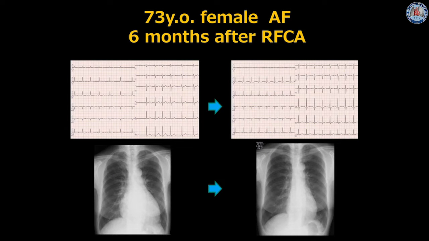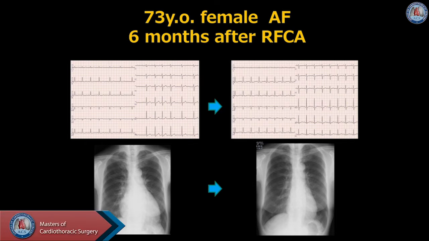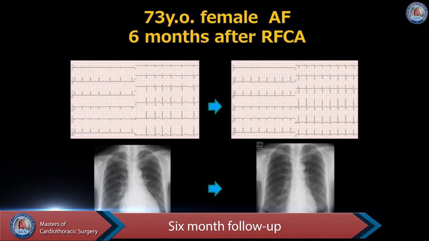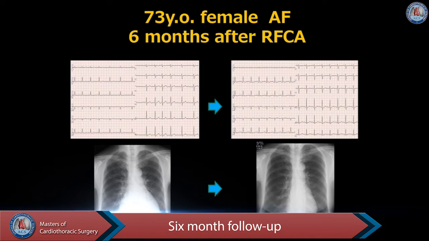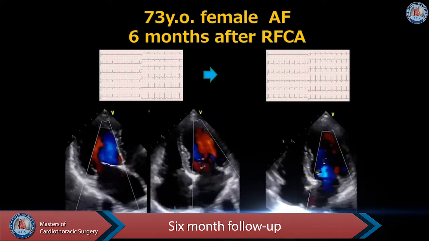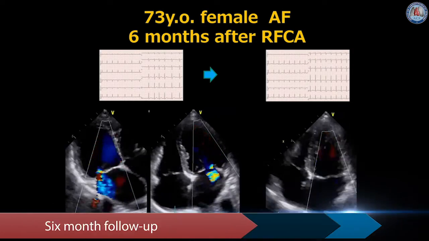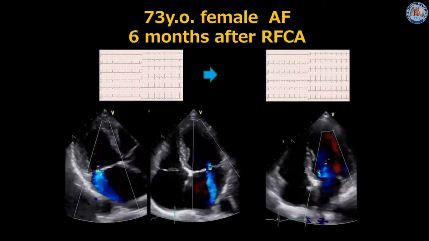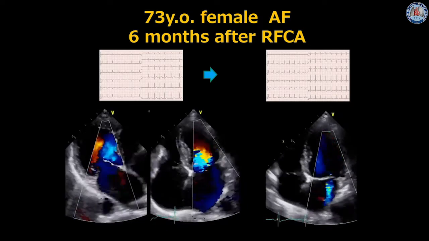Six months after the procedure, this patient maintained sinus rhythm and chest X-ray showed marked improvement in cardiomegaly. The degree of functional atrial mitral regurgitation improved to mild or trivial.